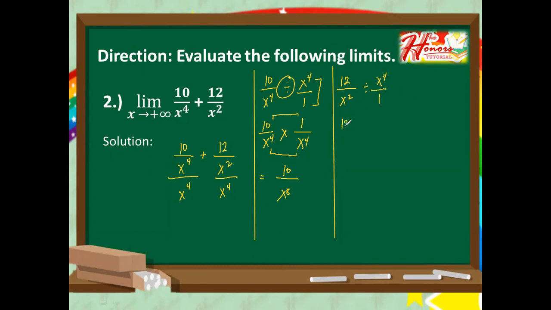Next, copy the first given, change the operation into multiplication, and then reciprocate x raised to 4 over 1. Then it will become 1 over x raised to 4. Then multiply numerator to numerator, so we have 12 over, denominator to denominator, x raised to 6.